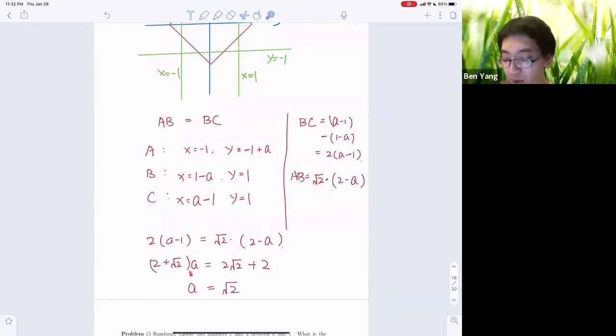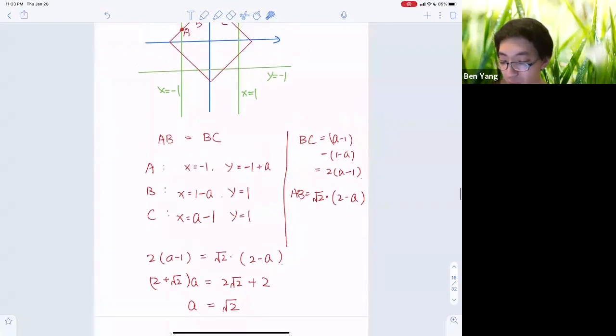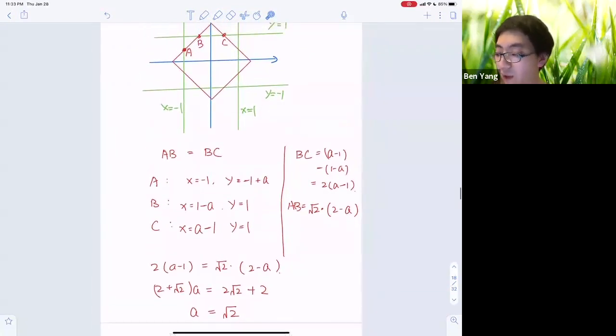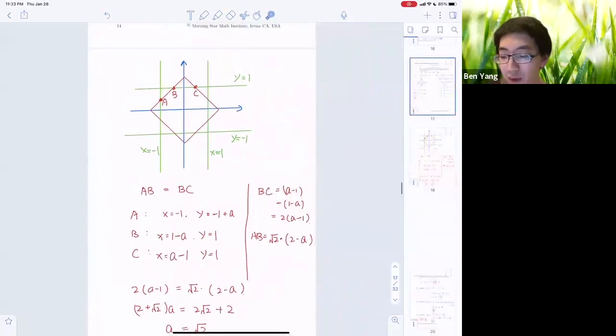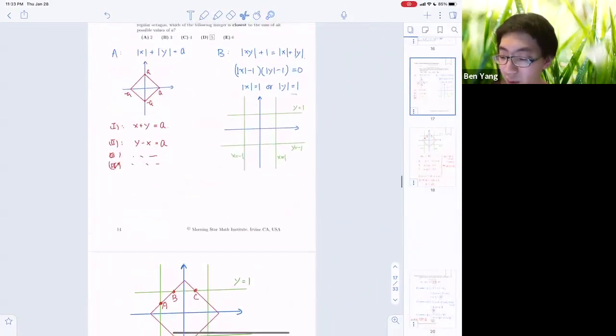You see that when a is equal to square root of 2, we have 2 times root 2 here, and we have 2 here. So that's one of the solutions there. a is equal to square root of 2. So there might be another one. Let's see. So I'm going to copy the graph here.